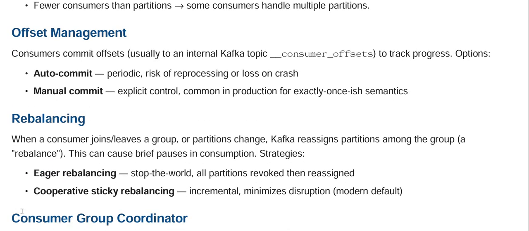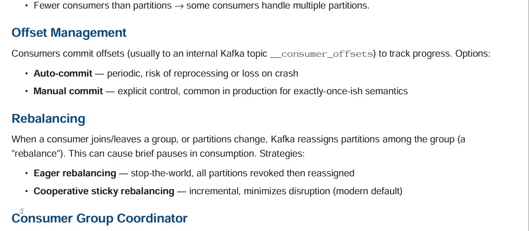Rebalancing: when a consumer joins or leaves a group or partitions change, Kafka reassigns partitions among the group. This is called rebalancing. So Kafka automatically rebalances the load based on the strategy.